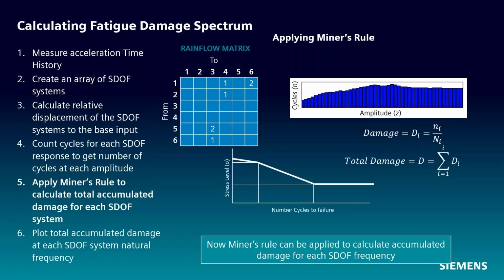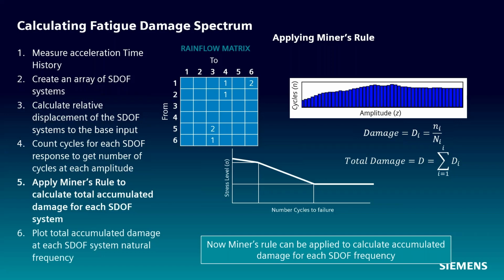If I can understand better, lowercase n is from my measurement, my acceleration time measurement converted to displacement, and uppercase N is a property of my test article, the material it's made from. Correct. Uppercase N is a property of your Wohler curve, and small n is a property of your measured signal data.